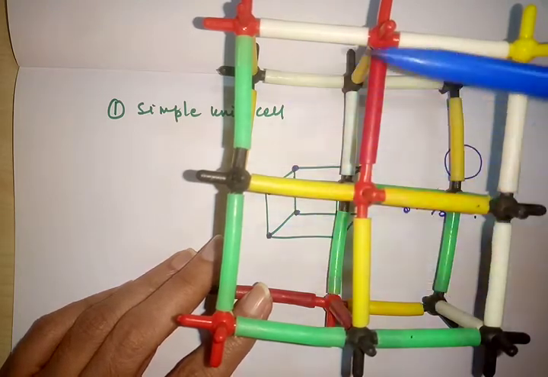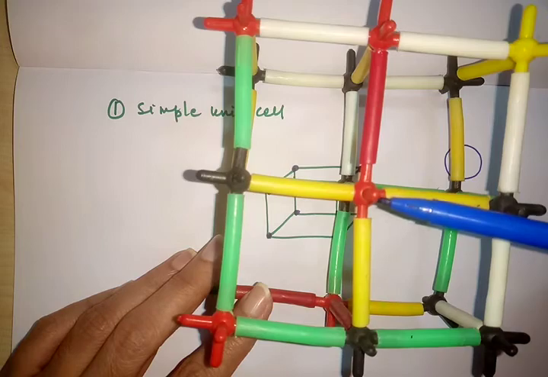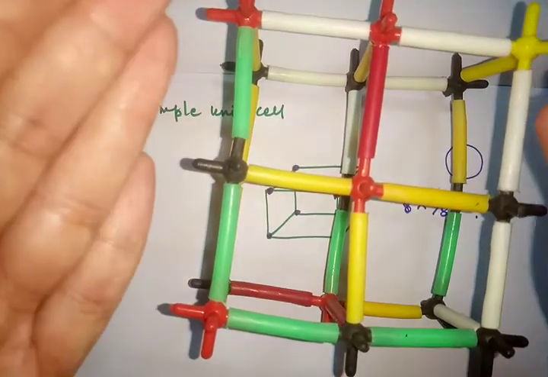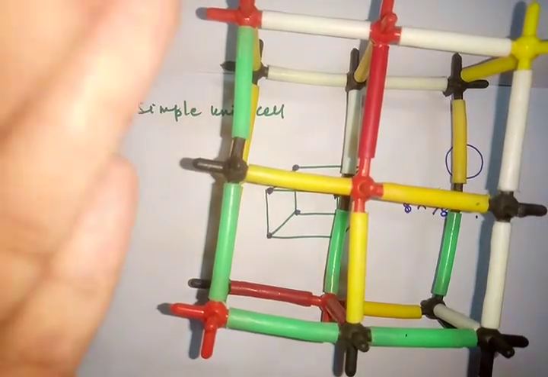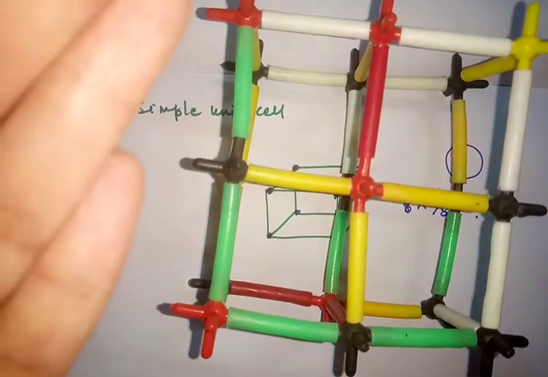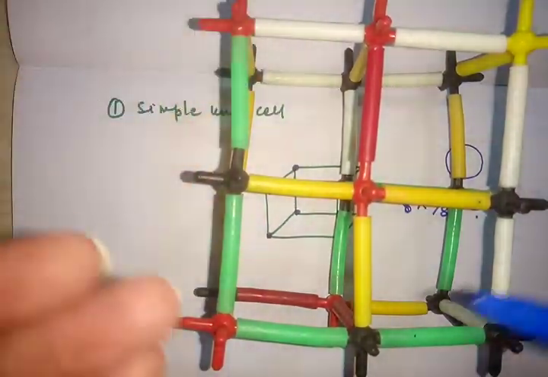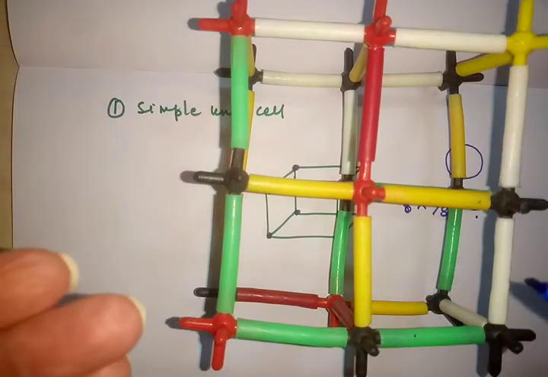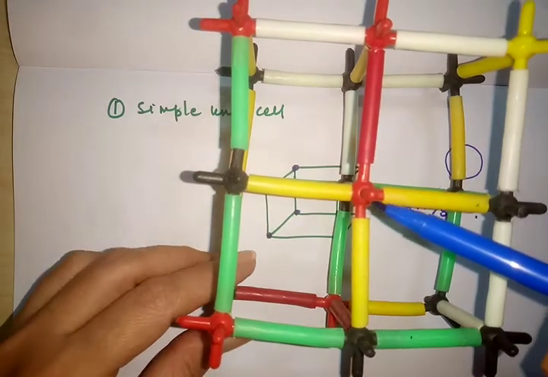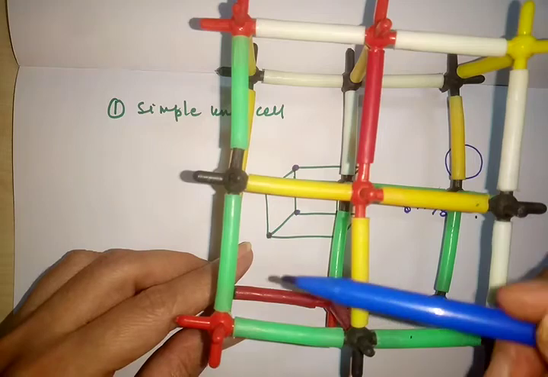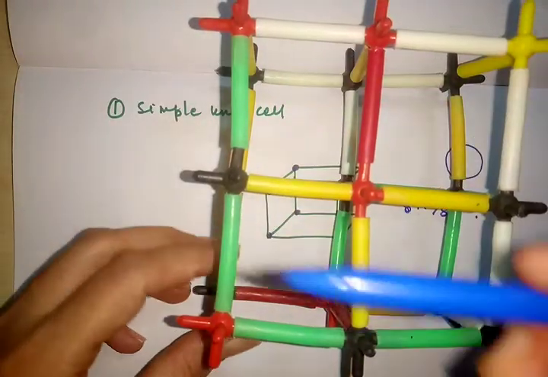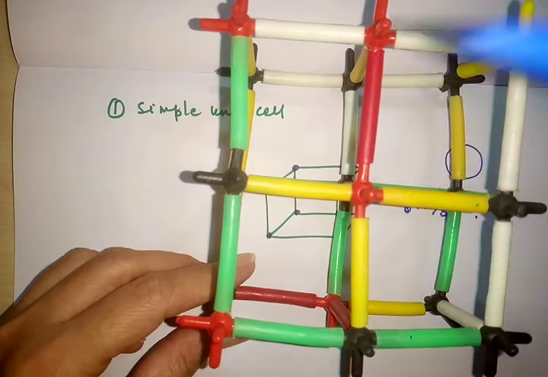So these 4 already shown here, and 4 more on the upper layer which can be stacked over this, isn't it? So this point will be shared by 1, 2, 3, 4 here and 4 more unit cells in the upper layer.